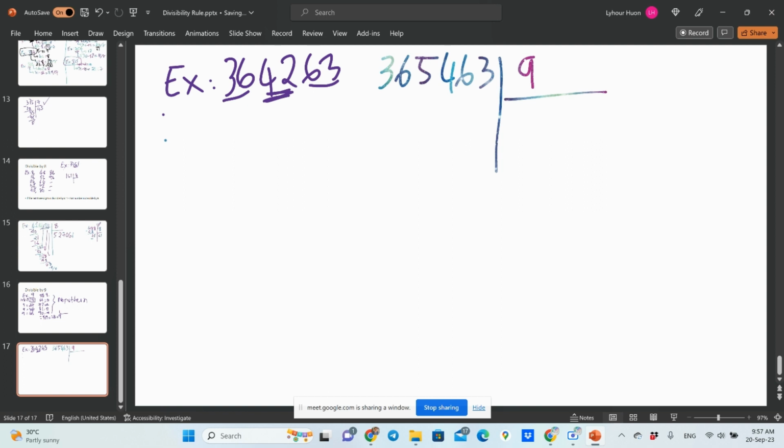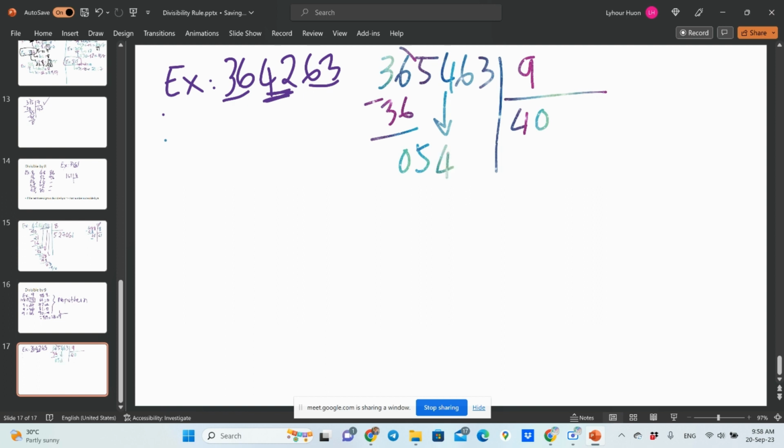Now, we know that if we add the digits together, it will be 9, so it's divisible by 9. So now we divide by 9. How many times does 9 go into 36? 4 times. 4 times 9 is 36, which leaves 0, and we drop the 5. 5 is smaller than 9, so we add 0 to the quotient, and then drop the 4.